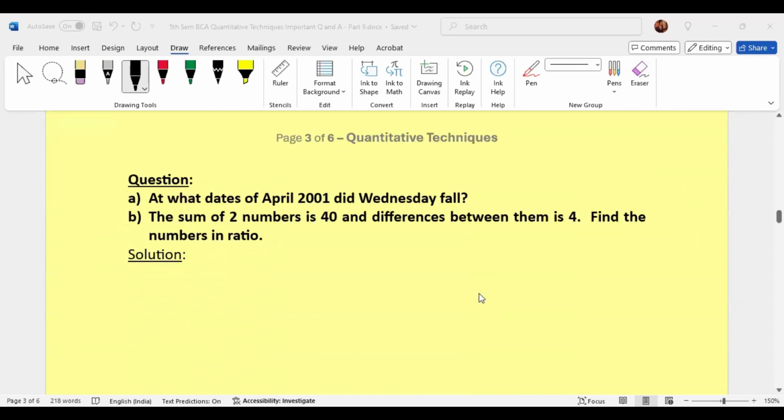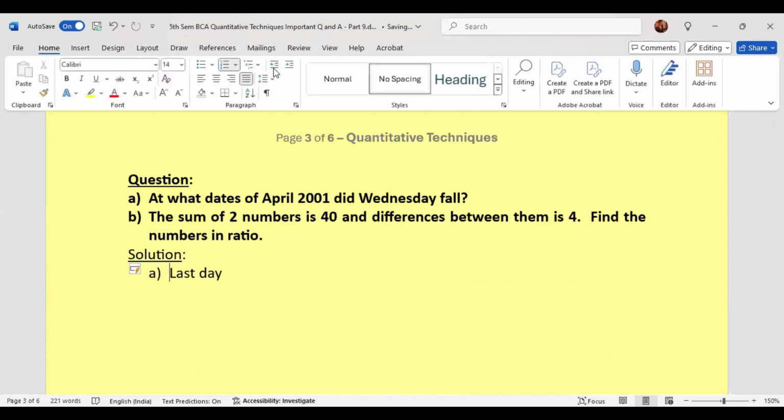At what dates of April 2001 did Wednesday fall? For this, we already discussed, once again I will write, we need to remember the last day. This is basically our first question. The last day of 1600 is Sunday. Then the last day of 1700, 2 days before, that is Friday.